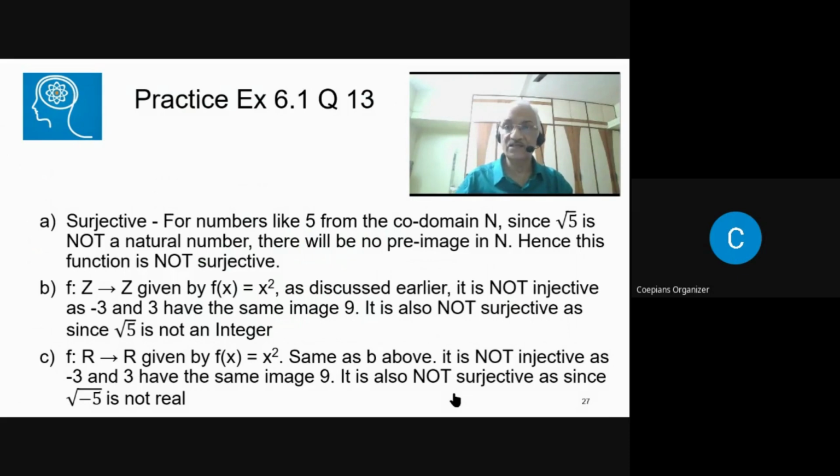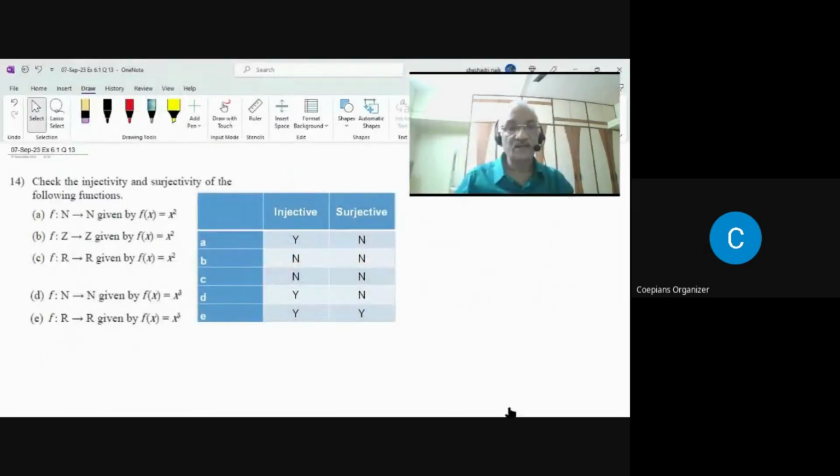It's an imaginary number. Minus 5 is a real number which will be there in the codomain, and it doesn't have a pre-image because that pre-image does not belong to the real numbers. So this sub question 3 is neither injective nor surjective.